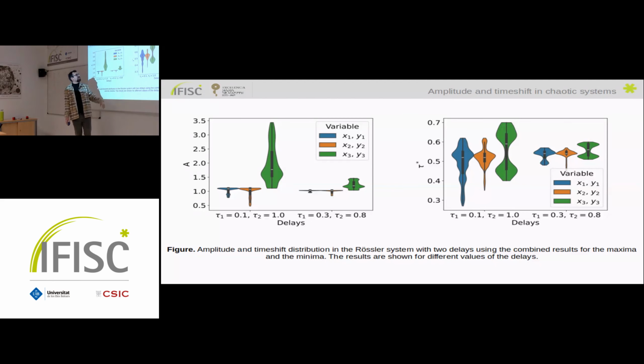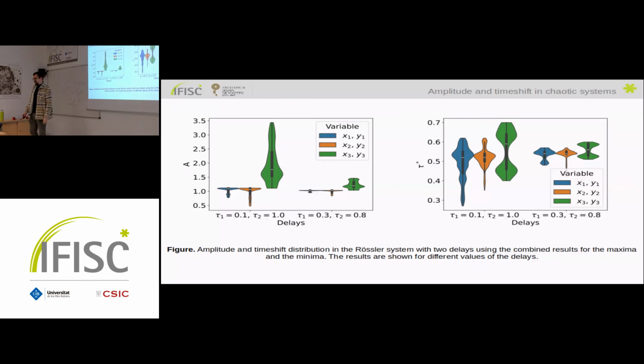Again, the time shift for the first and the second variable is more or less around the average delay that we have introduced here, which is 0.55. But you can see that for the third variable, you have a very clearly bimodal distribution, and also the median is slightly above the average value of the two delays.